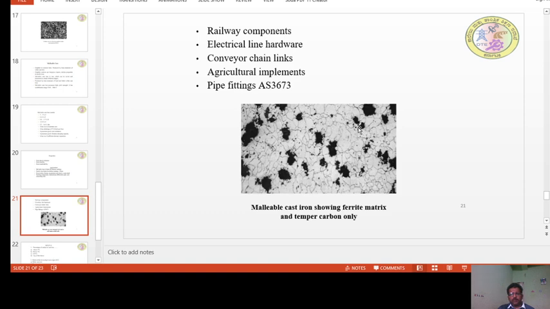So the white is the ferrite matrix, and dark portions are the tempered carbon, or you can say that it is very close to graphite. This is the microstructure. And other applications are railway components, electrical line hardware, conveyor chains, agriculture implements, and pipe fittings.